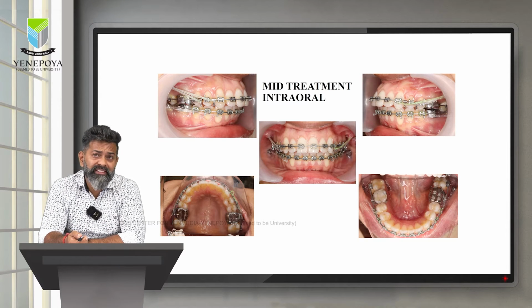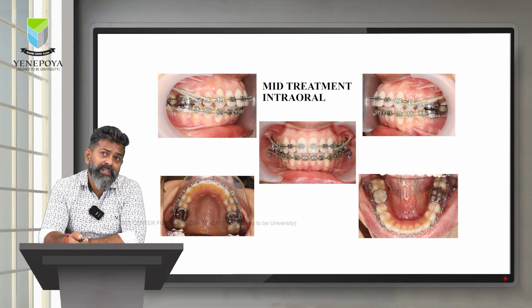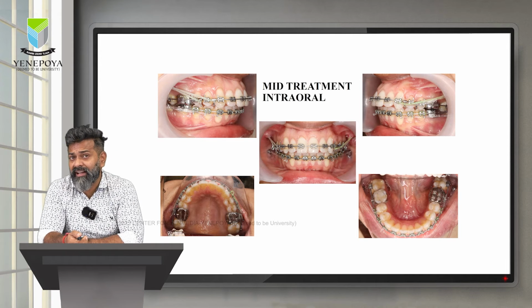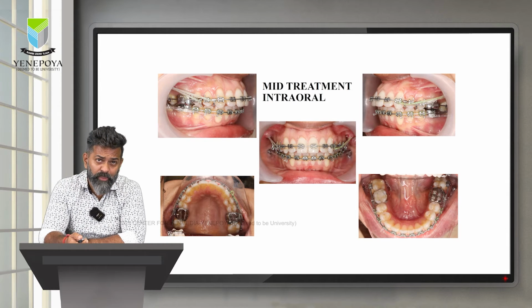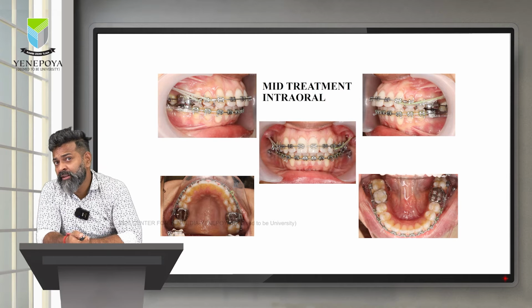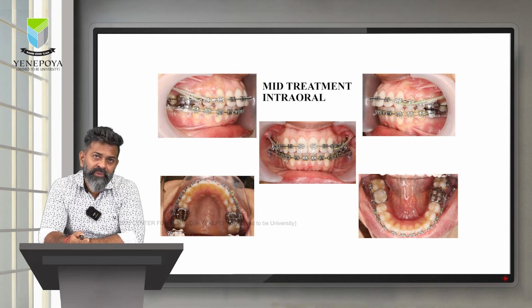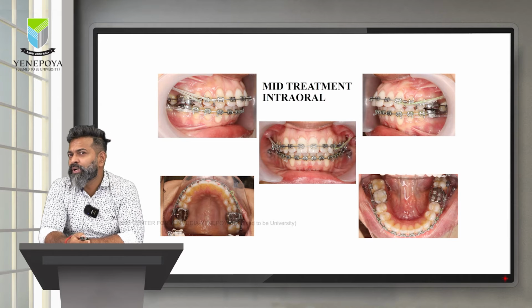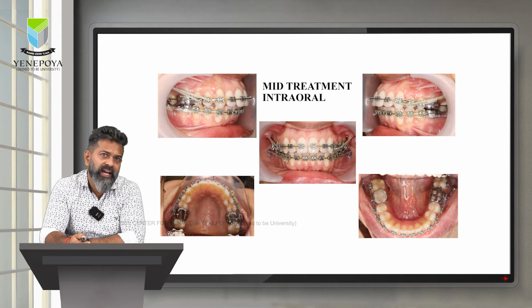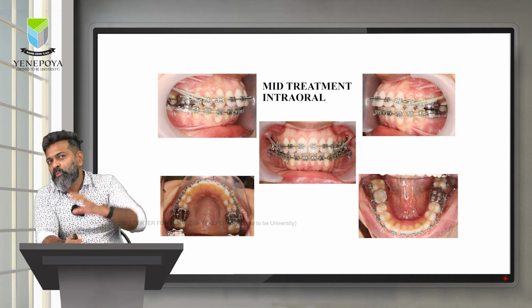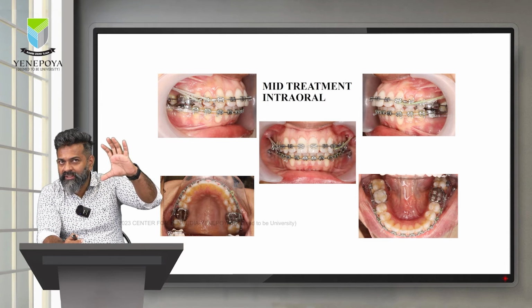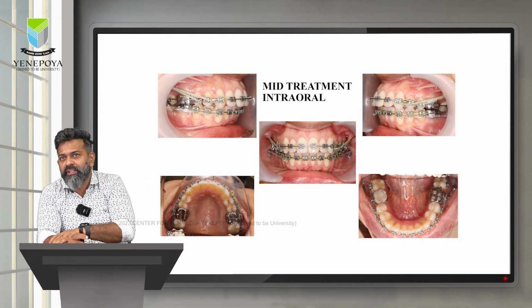So, we decided to use extraradicular screws, that is IZC, infrazygomatic screws in the upper, and buccal shelf screws in the lower. We generated a traction force in such a way that we get posterior intrusion and anterior extrusion.